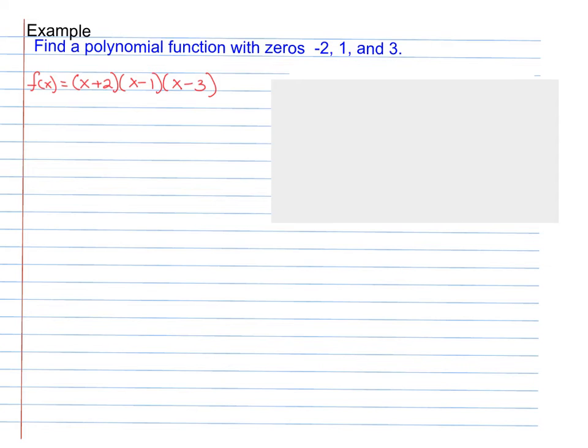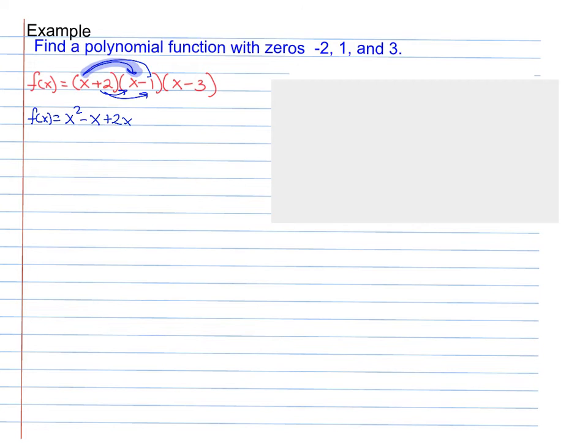So now that we wrote it in factored form, we're going to distribute and write it in standard form. First we're going to work with the first two binomials. So f of x is equal to x times x is x squared. X times that is -x. This one times that is 2x.